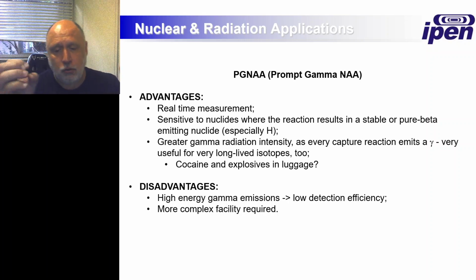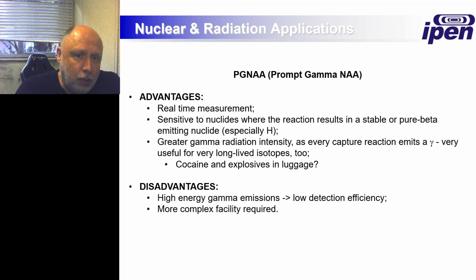This is an advantage because it's fast, but a disadvantage because you have to have a way to be looking at your sample during irradiation, right? It's sensitive to nuclides where the reaction results in a stable or pure beta-emitting nuclide. That's especially true for hydrogen and phosphorus, for instance.